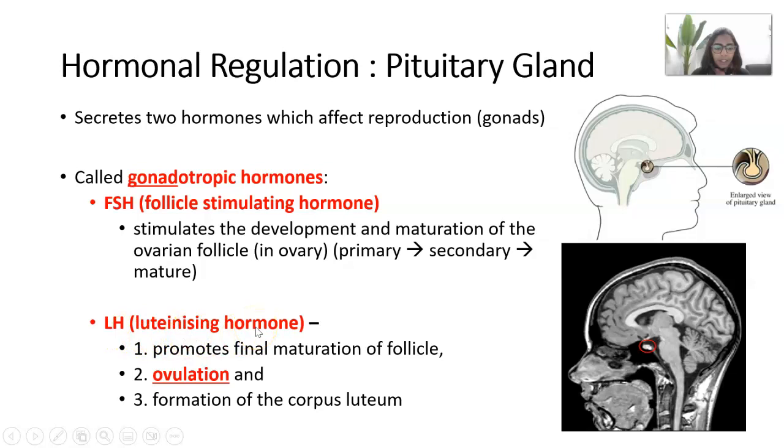Now, follicle stimulating hormone, as we've mentioned before, will stimulate the development and maturation of the ovarian follicle from primary to secondary to mature follicle, whereas luteinizing hormone promotes that final maturation. It is directly responsible for ovulation, and it is responsible for forming the corpus luteum. Please make sure you remember those things.